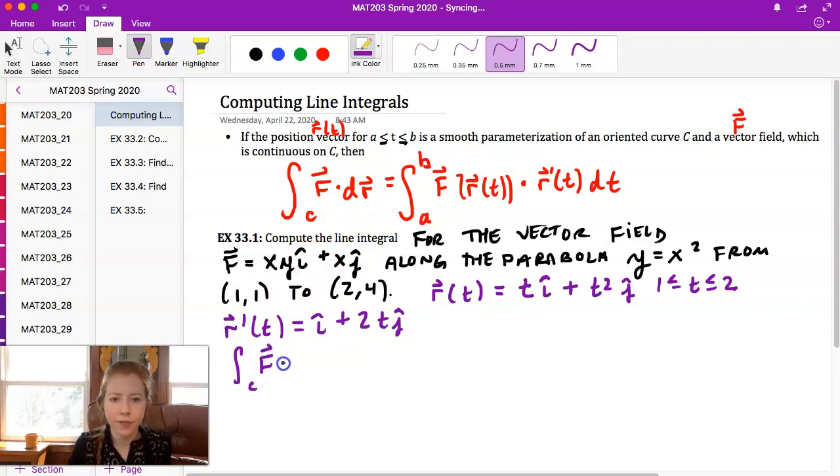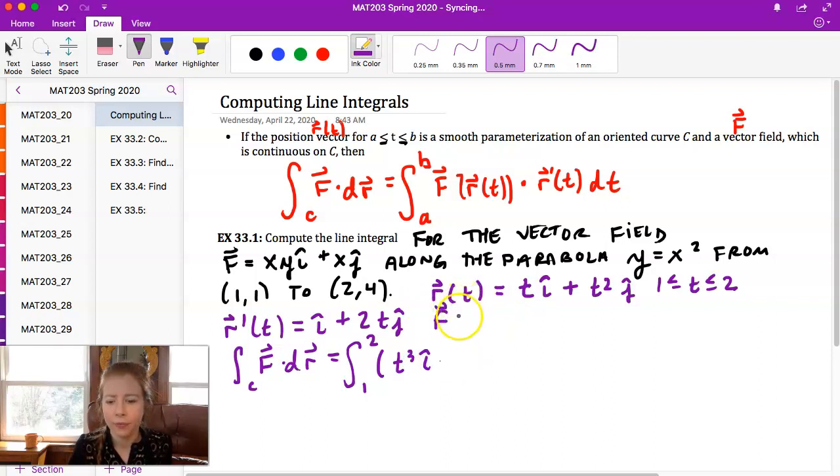So the line integral of F dot dr is equal to the integral going from time 1 to time 2 of, then we have our F, which is xy. And so x is going to be t, and y is going to be t squared. So it's going to be t cubed i hat. Actually, I'll write this out so you can see it.